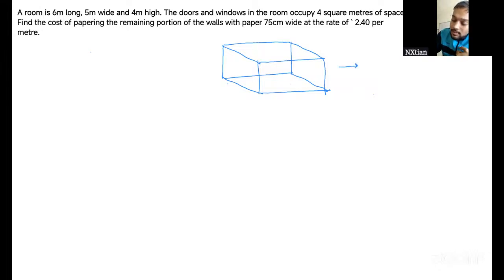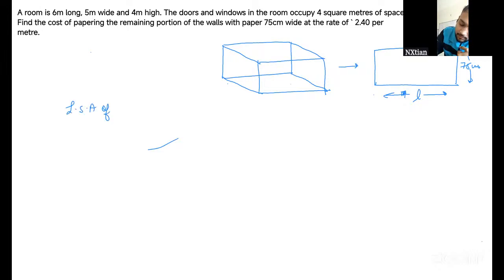So we are using this paper, and the dimension given is 75 centimeter, this much wide, and we have to find how much length we have to apply on it.